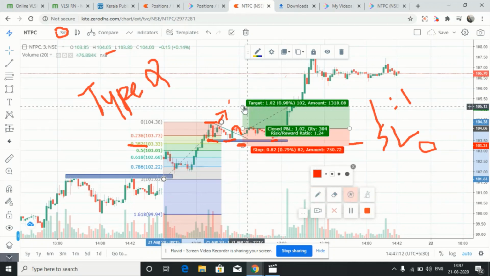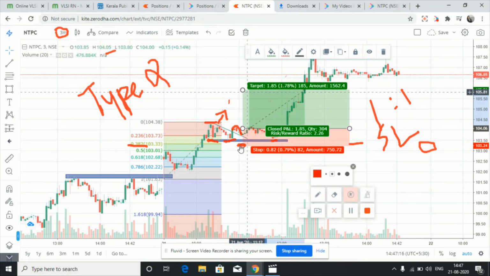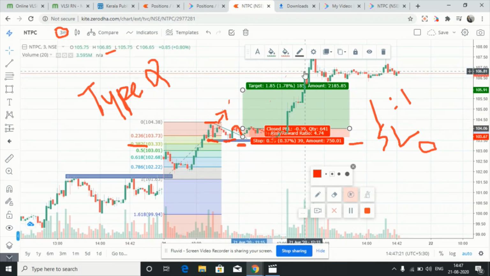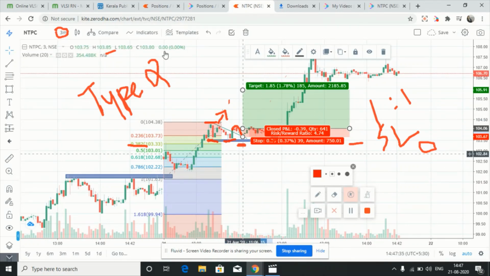If we had waited longer, as price goes higher we could have trailed the stop loss and looked for a higher profit. So the basic aim is to look for a 1:1 target, and after that trail your stop loss and look for more profit. But in such a case, there can be retracement, so the basic rule is to try for at least the 1:1 rule.